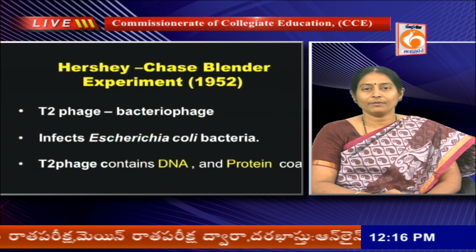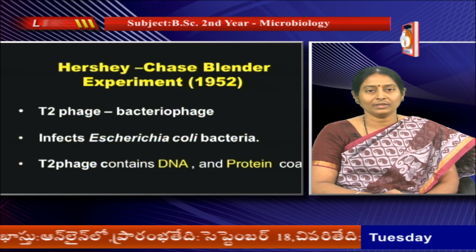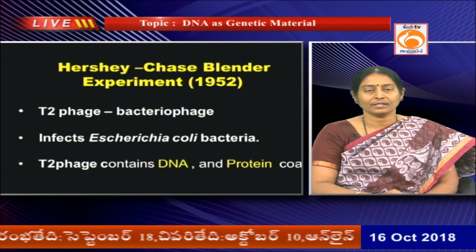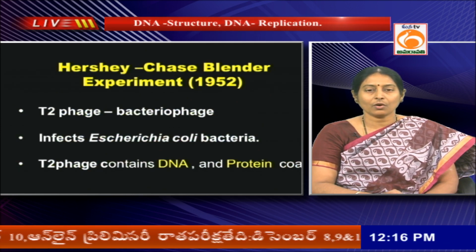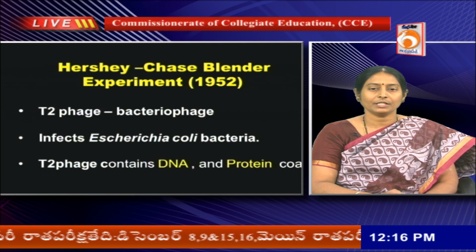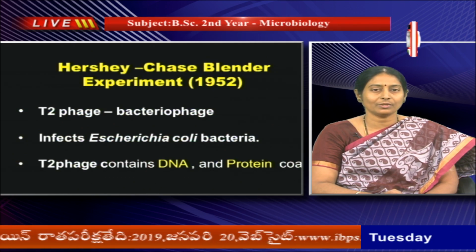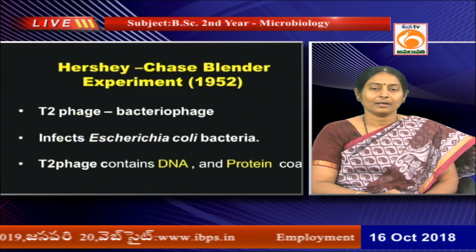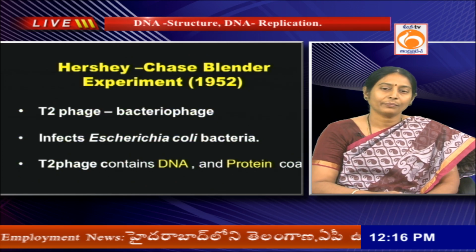You have to remember one point, T2 phage itself has only two things in its structure, DNA and protein coat. During the infection of bacterial cells, T2 phage injects only its DNA into the bacterial cell, but the protein coat always remains outside the host cell.